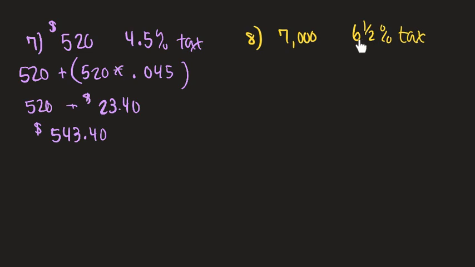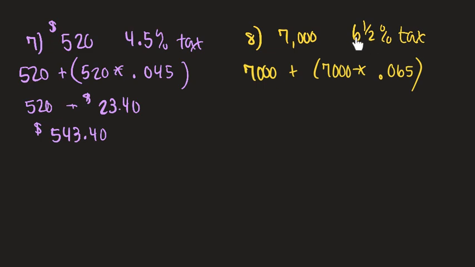See if that helps you with 6.5% tax. $7,000 plus 7,000 times 0.065.